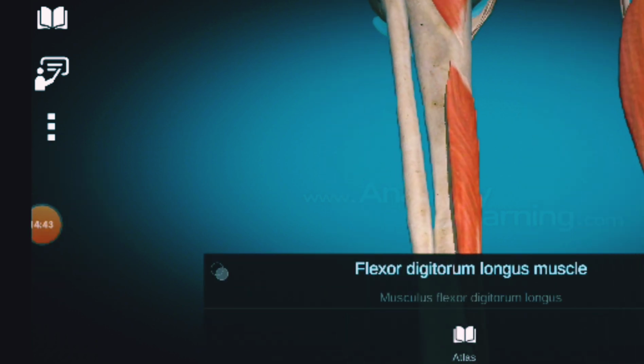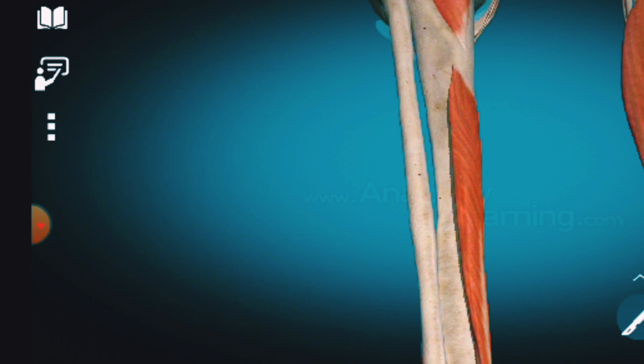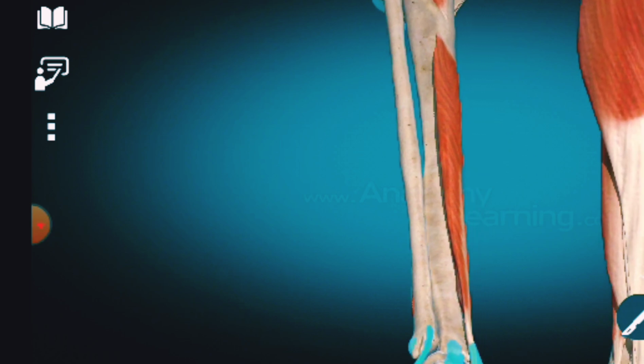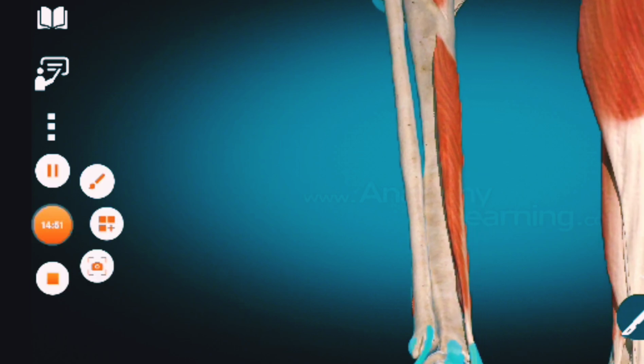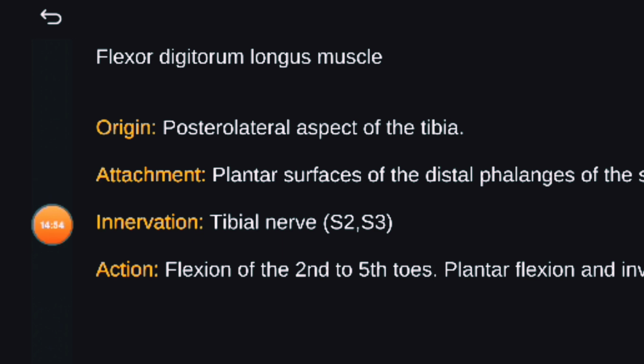So this is our next muscle, flexor digitorum longus. Its origin is the posterolateral aspect of the tibia, below the soleal line. Let that be noted.